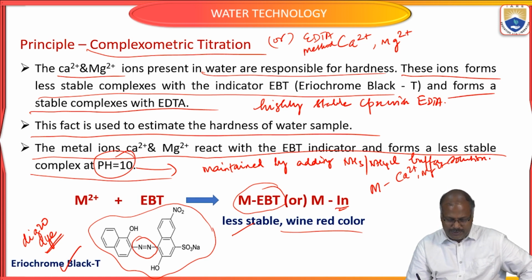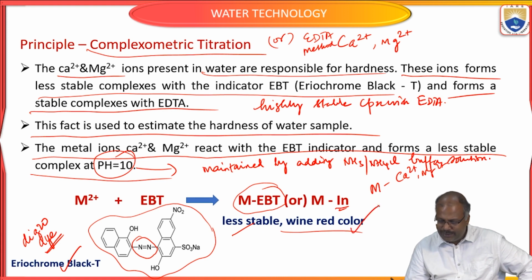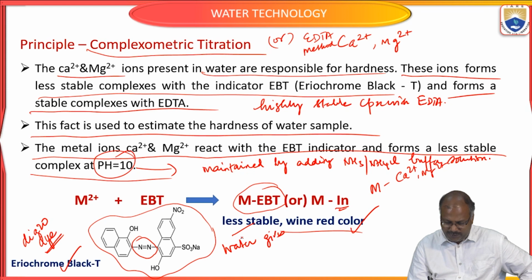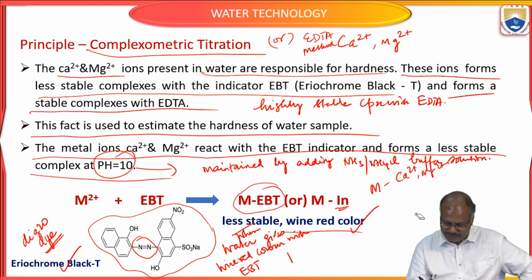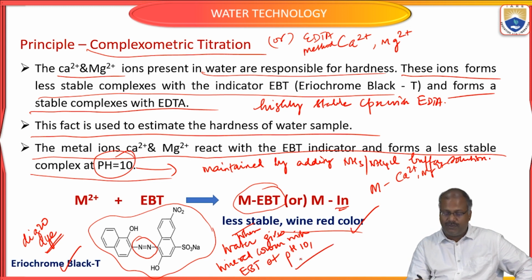So the indicator used in this is EBT. When EBT forms a complex with metal, according to this reaction, it will be wine red in color at pH 10. So when water gives wine red color with Eriochrome Black T indicator at pH 10, then it's a confirmation that the water is hard water.